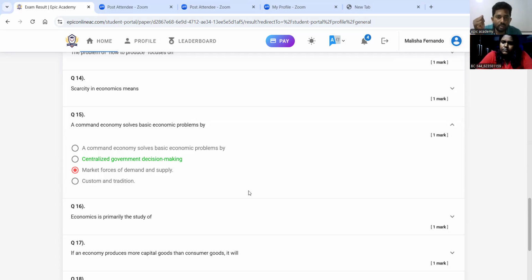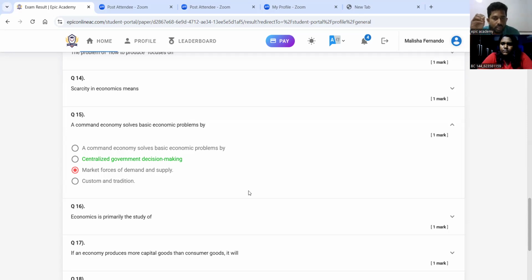Command economy means all basic economic problems, what to produce and how to produce, each and every problem is resolved by government organization. We call it a centralized planning system. All the decision making in the economy is taken by the government.